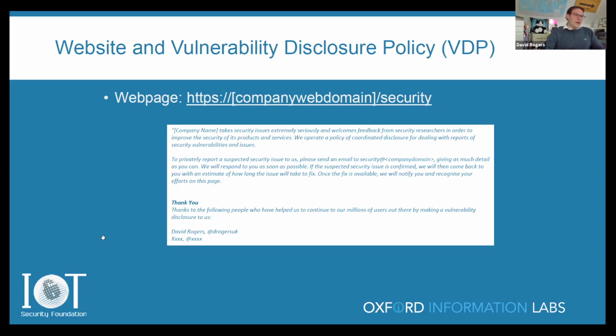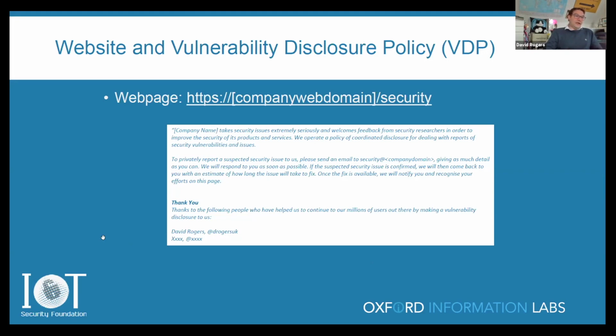I find it's interesting that some of them are quite passive-aggressive wording. I prefer short and friendly wording. And what you're doing is explaining what your policy is in a brief sense, how you're going to deal with it.